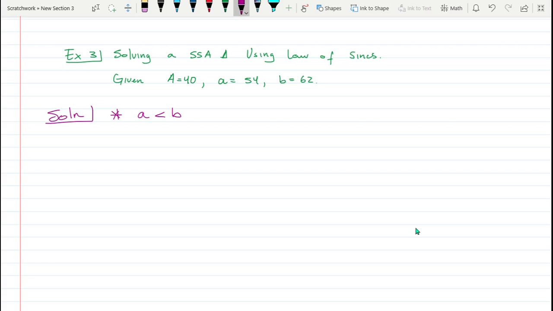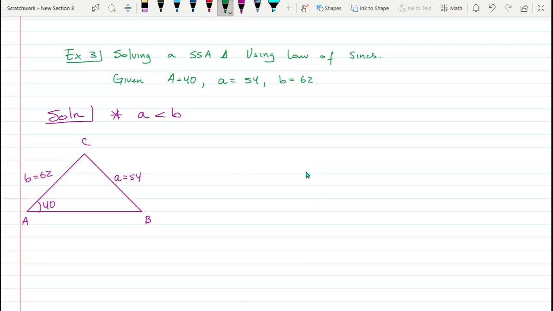So let's make a triangle just to label things like we've been doing. Okay, so here's A, here's B, and here's C. We were told that this is 40, here is 54, and here is 62.